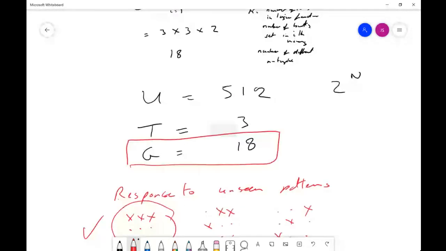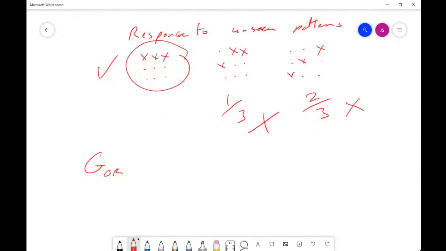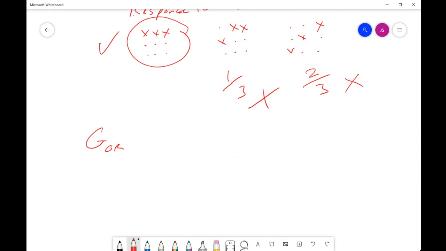So G-OR could be calculated: the number of patterns giving 1 out of 3, the number of patterns giving 2 out of 3, the number of patterns giving 3 out of 3. But a better way is to calculate not G-OR, the patterns not in the G-OR set.